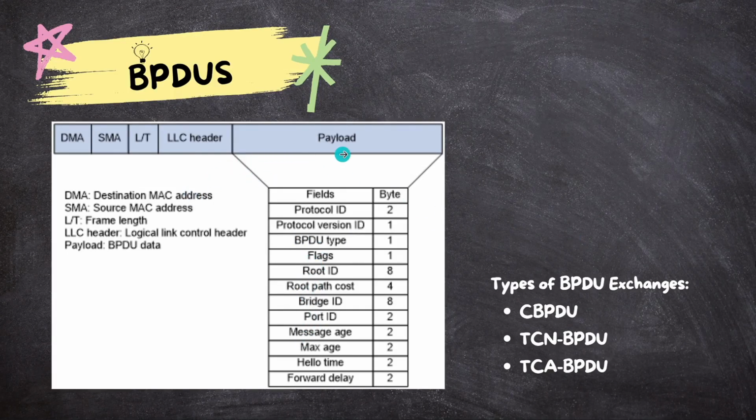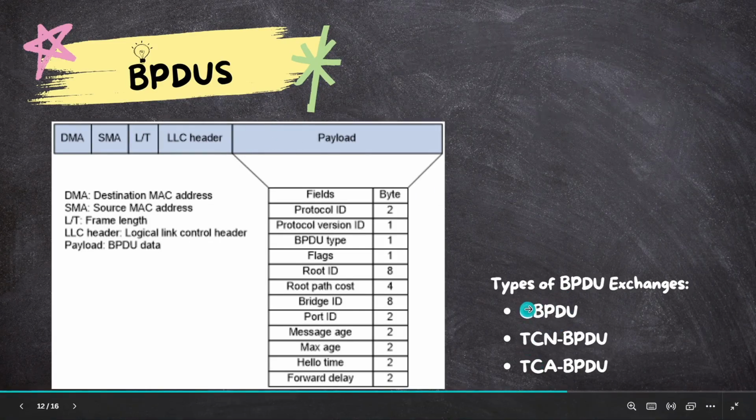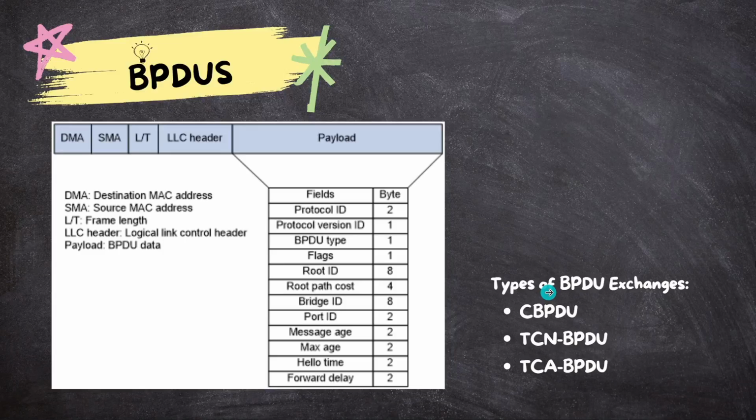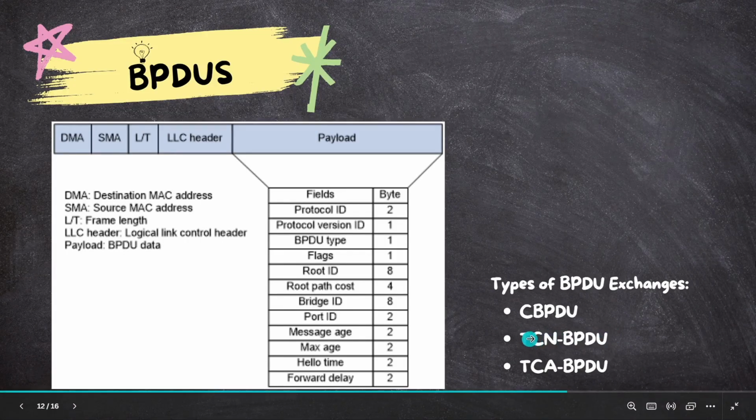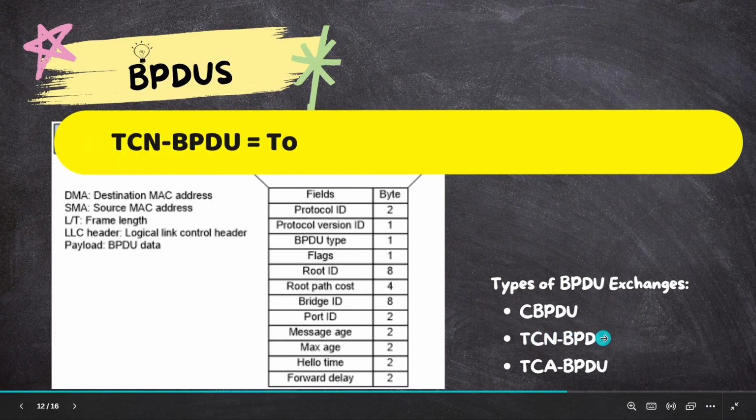But before that, we have three types of BPDU exchanges. When the switches exchange these packets between two switches, there will be these types. The first is the configuration BPDU, the most common type that will be exchanged. Another one is the TCN BPDU, the topology change notification BPDU.